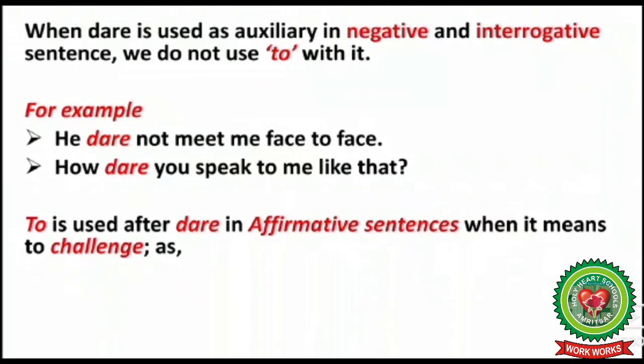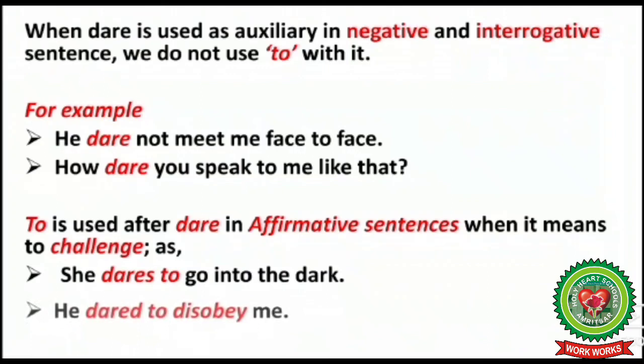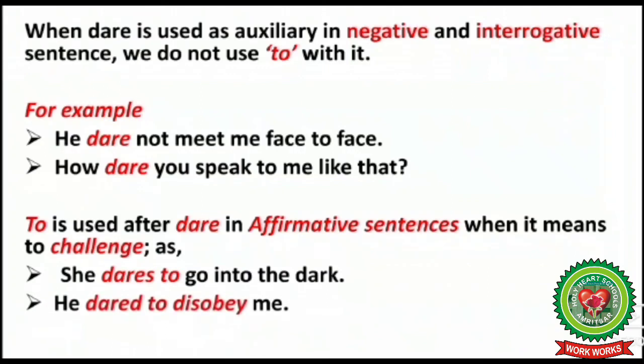To is used after dare in affirmative sentences when it means to challenge, as: She dares to go into the dark. He dared to disobey me. Here we intend to say that he did not follow my instructions. When dare is used as a regular verb, it means to have the courage to do something.